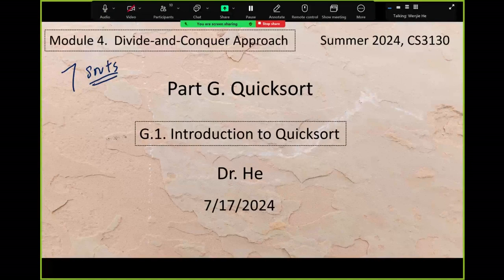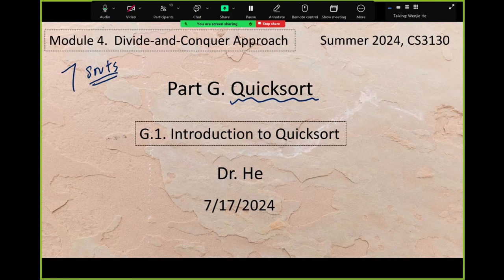These sorts have different properties, so in real world applications, in different situations, we may like to select different sorts. From the name, quicksort, you can see this sort should perform better than other sorts, because they use this word quick. Actually, it is.